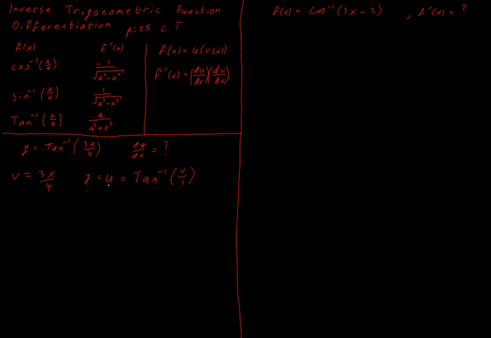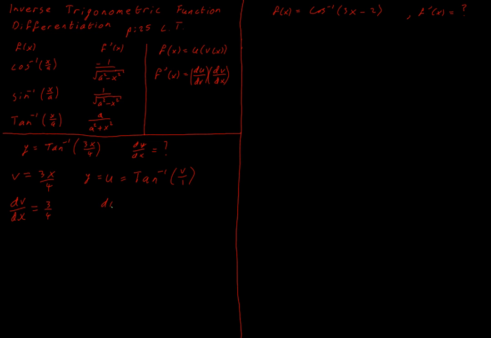We now have our u in terms of v, and now we can use our chain rule from page 25. So we have v, we need dv dx. We get our derivative here. This is just 3/4 multiplied by x to the power of 1, so we just end up with 3/4.